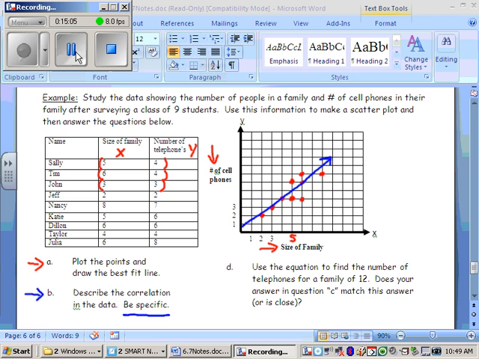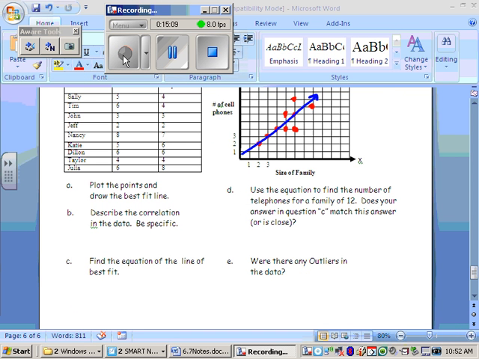Let's scroll down and look at the third question, or question C. In question C, it says to find the equation of the line of best fit. So to find the equation, we need two things. We need m, which is the slope, and we need b, which is the y-intercept. So if you look back at the line, let's start with the y-intercept.